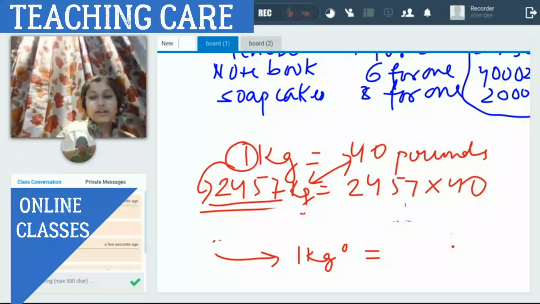So now you are going to multiply the quantities, that is 2457 into 40. How much?